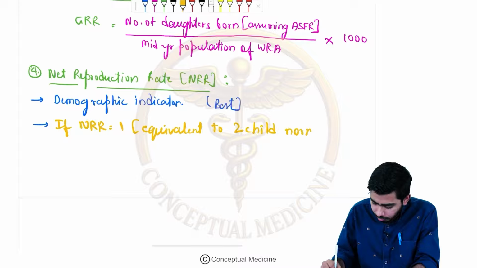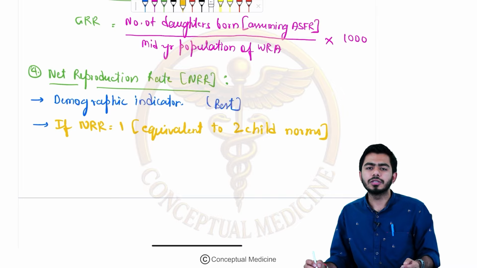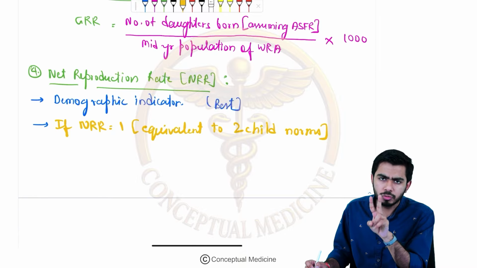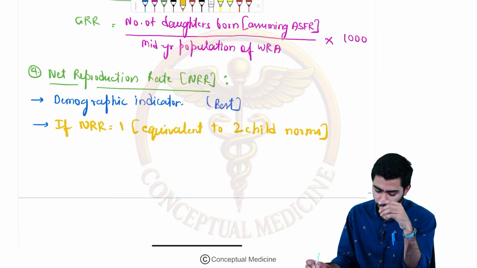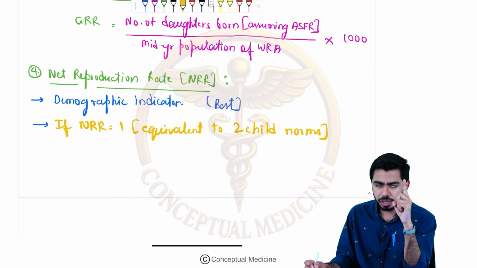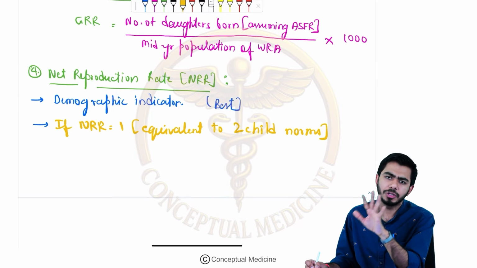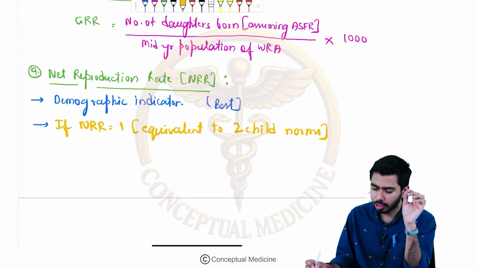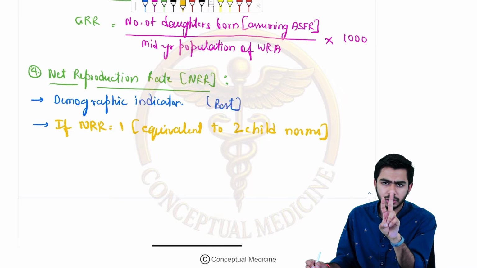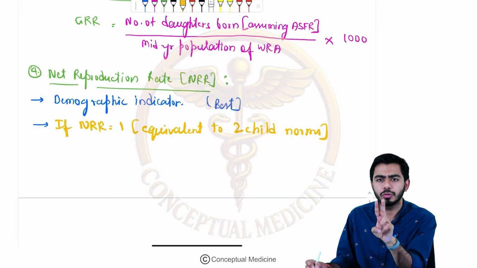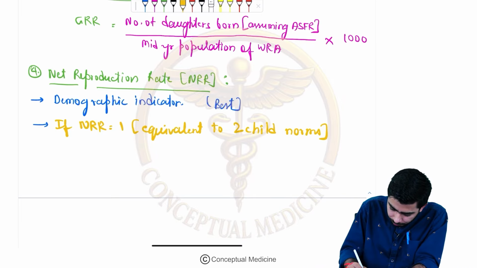Usually we say generally that one family should have two children only, not more than two, so that we can control the population, right? So if we are achieving a net reproduction rate of 1, then we will be achieving this particular target, that we are actually following the two child norm, right?